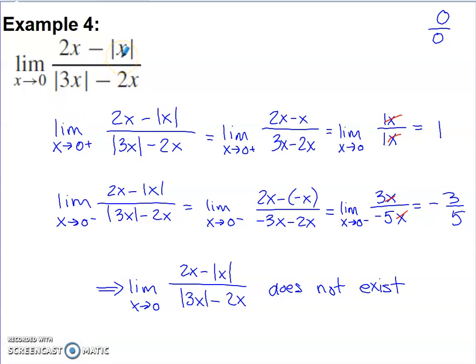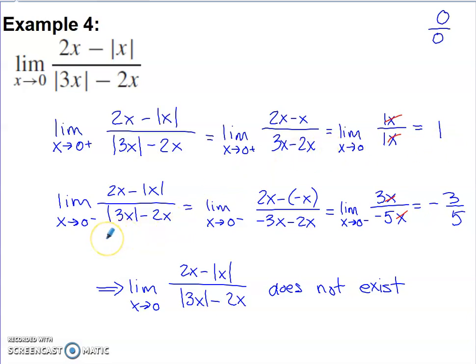If I put a number bigger than 0 in here, absolute values do nothing to the positive that ends up inside. So on the bigger side of 0, the absolute values do nothing, so I've dropped them. That gives me the opportunity to combine like terms in the numerator. So I got 1x in the numerator, combine like terms in the denominator, 1x in the denominator. I can cancel those x's. 1 divided by 1 is 1. So on the bigger side of 0, we get a limit of 1.